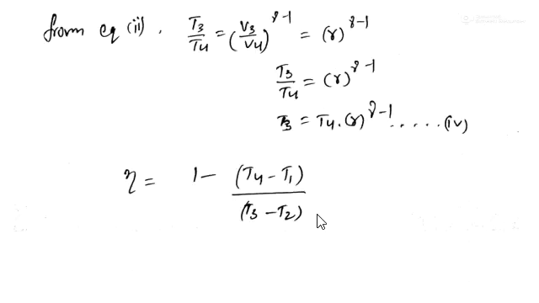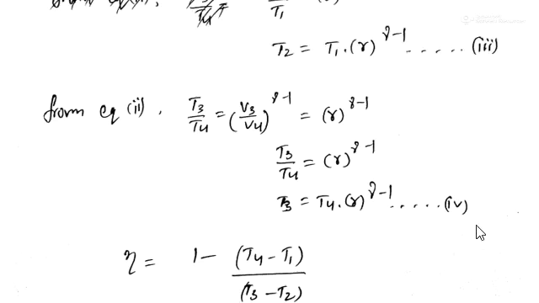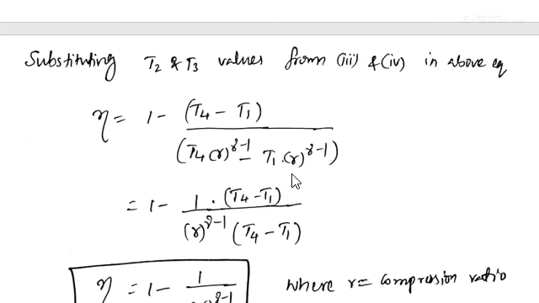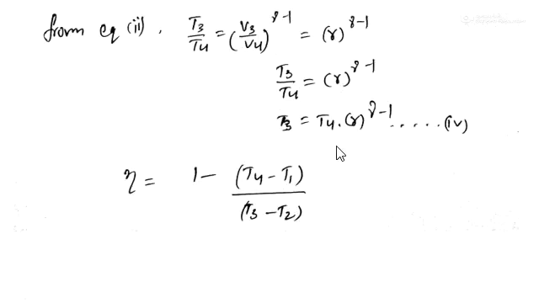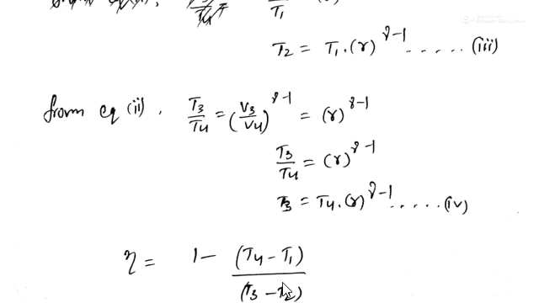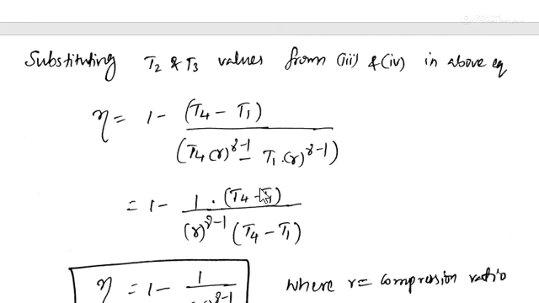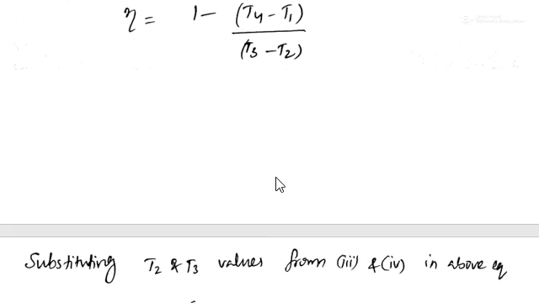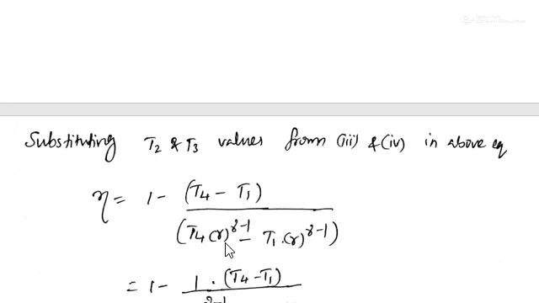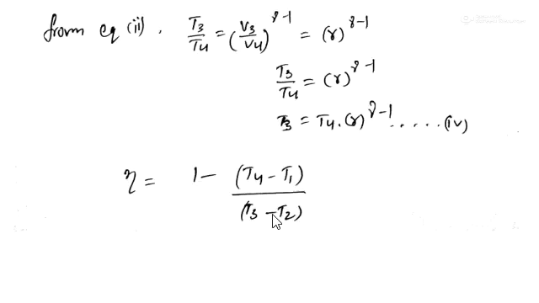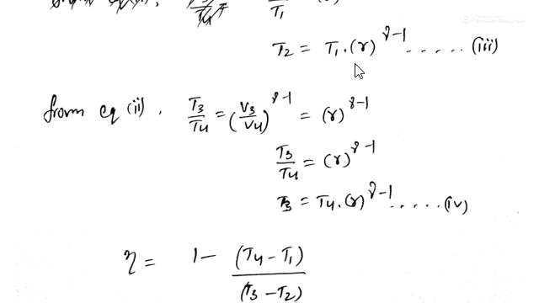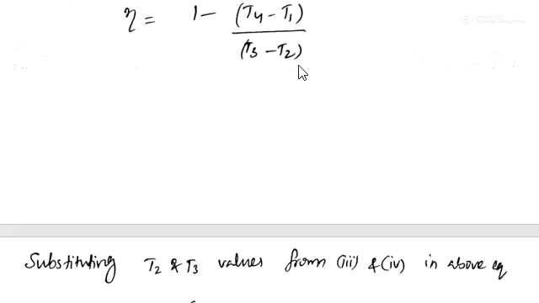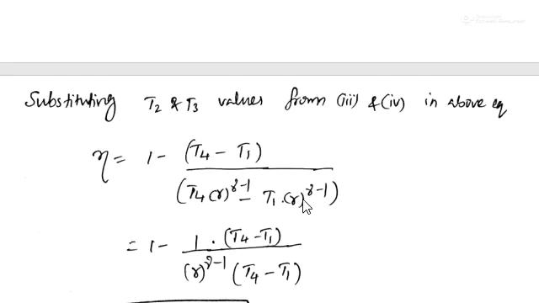Substituting the T2 and T3 values from equations 3 and 4, in the place of T3 we write T4 into R to the power gamma minus 1, minus, in the place of T2, T1 into R to the power gamma minus 1.